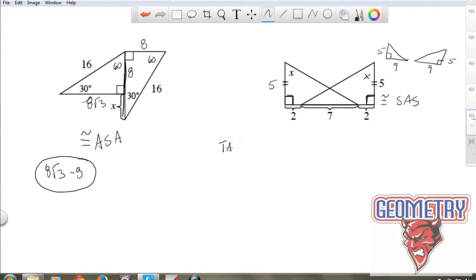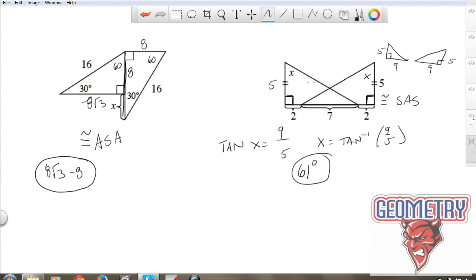So I'm going to say the tangent of x equals the opposite, which is 9, divided by the adjacent, which is 5. So then x is just a matter of finding the inverse tangent of 9/5. And that we'd have to plug in our calculator. And so the inverse tangent of 9/5 is 61 degrees.